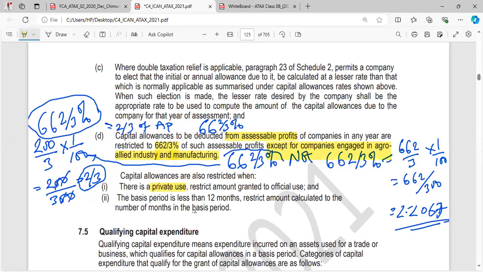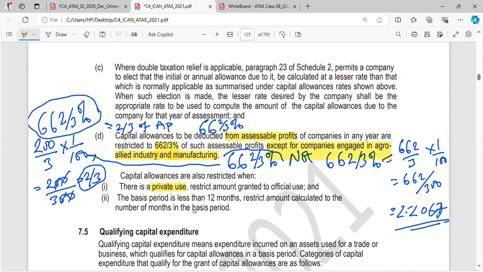If official use is only Monday to Friday, and Saturday and Sunday is for personal use, even after you have calculated the total capital allowances, you still need to restrict it to 5/7 of that, because you use it 5 times out of 7. So it is restricted to official use.